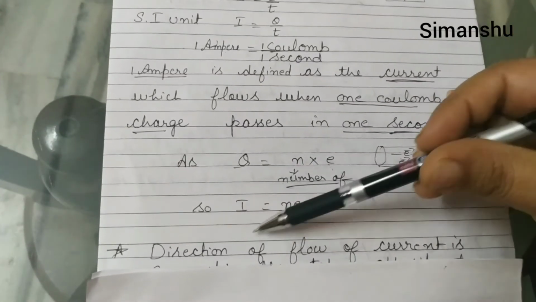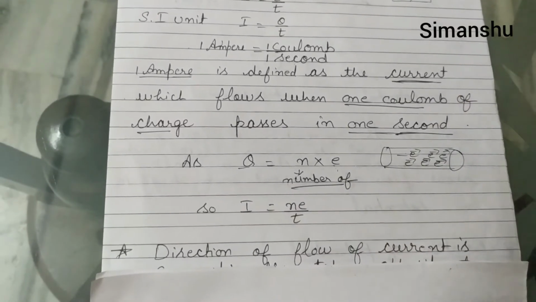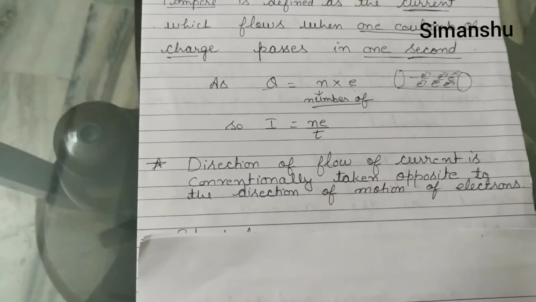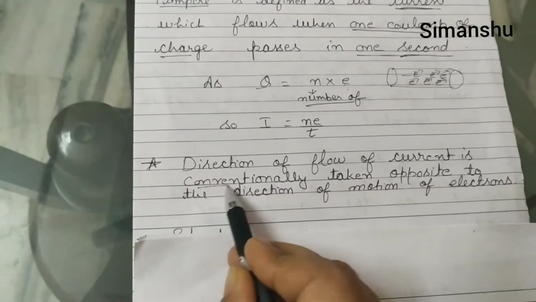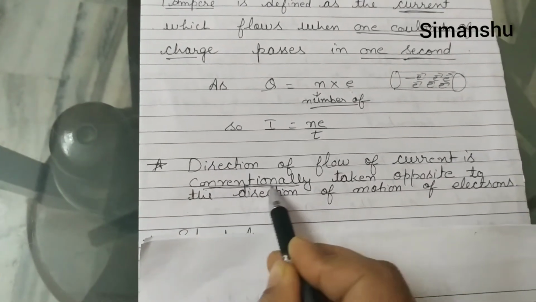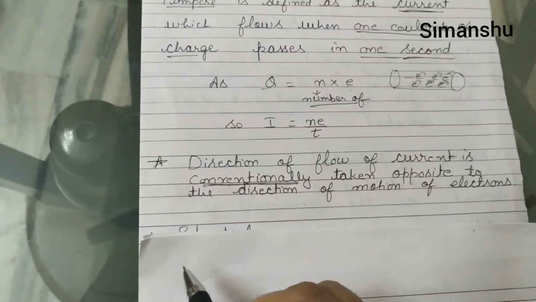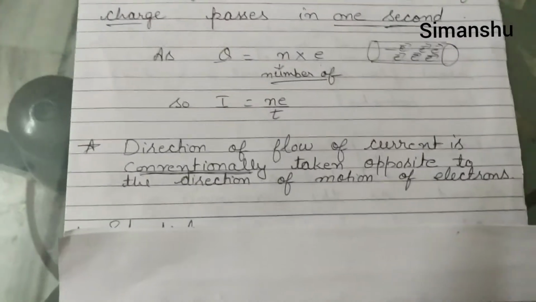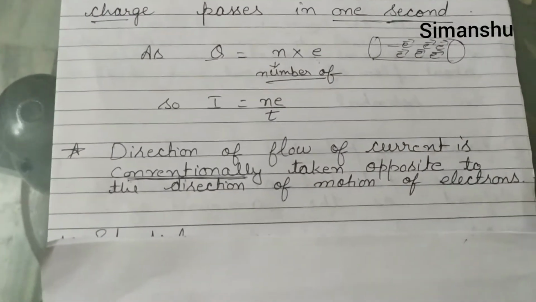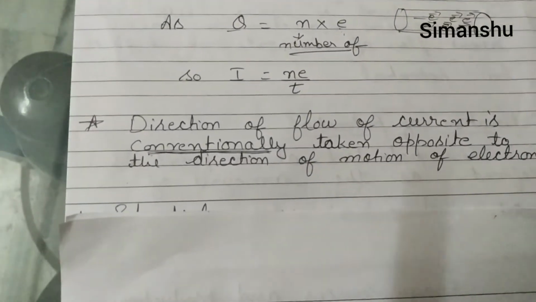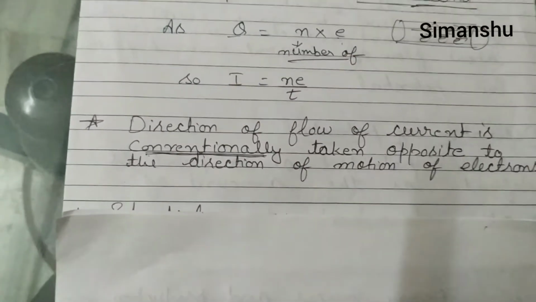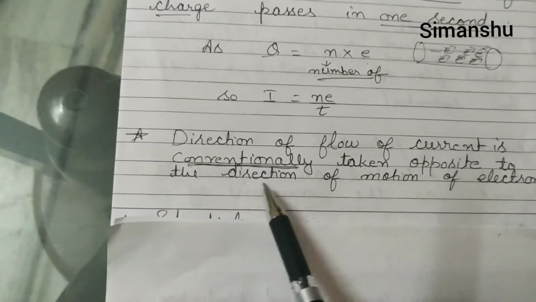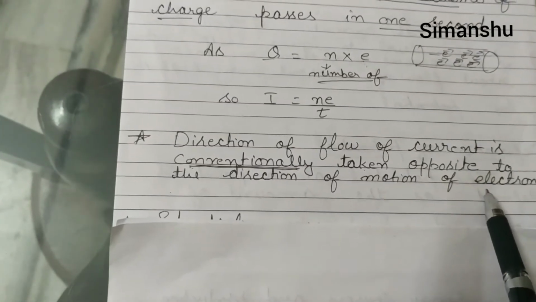Now, what is the direction of flow of current? Here we are talking about the conventional direction. What is the meaning of conventional? Conventionally means traditionally, the rules we are following. So the direction of flow of current is taken opposite to the direction of motion of electrons.